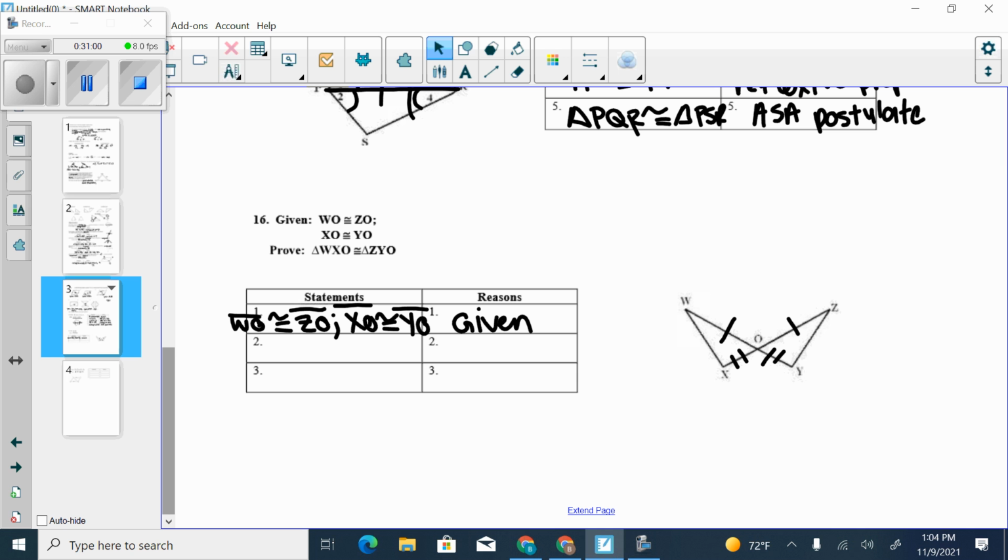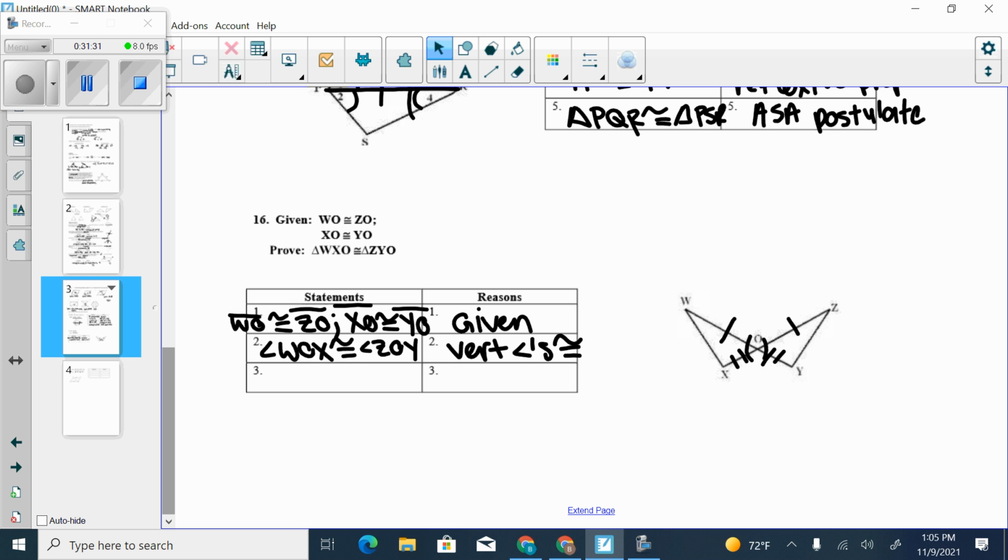Right? So is there anything that we could assume or draw in ourselves? Vertical angles. Okay, so I would say that angle WOX is congruent to angle ZOY. Because we know that they are right.